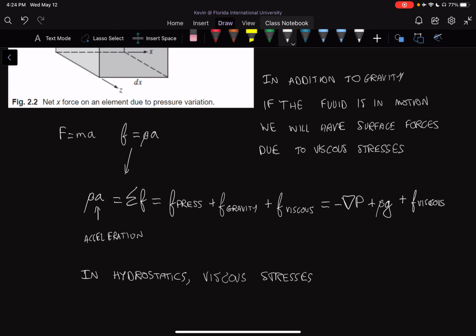And remember, viscous stresses are caused by inducing movement into our system. And that means that acceleration is zero. Our system does not move if there are no viscous stresses. So the acceleration is zero.